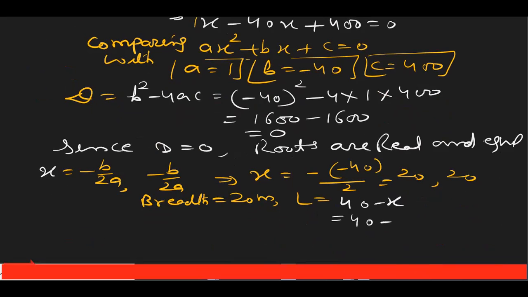So 40 minus 20 also, that is 20 meter. So here both these sides are 20 meter and this is also 20 meter.